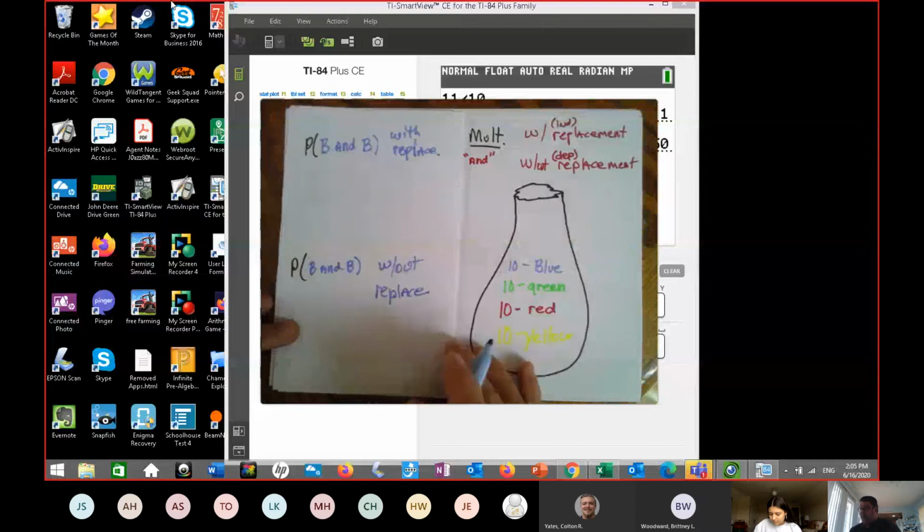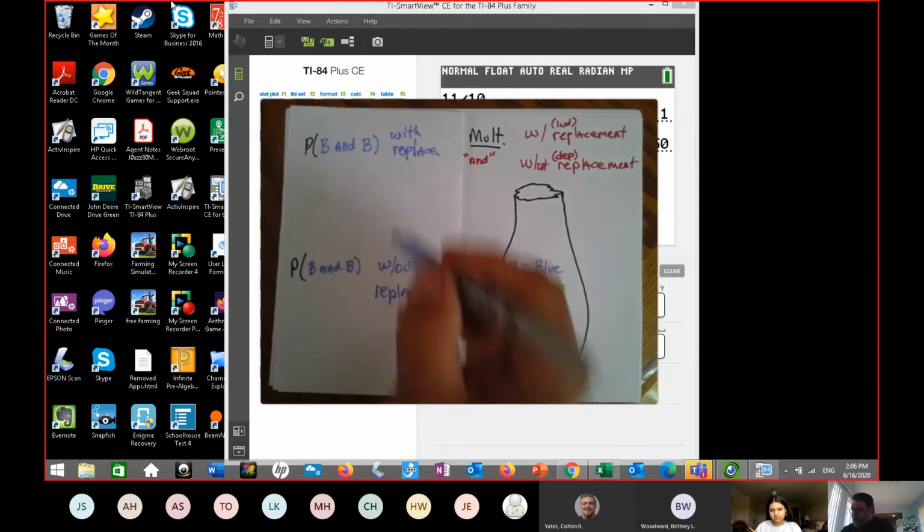Now let's talk about what replacement is. With replacement means that you pick a marble out of the bag, you write down the color that you picked, and then you put it back in the bag. So how many marbles are in the bag at all times? 40. Write that down. 40 is your denominator throughout this whole thing.